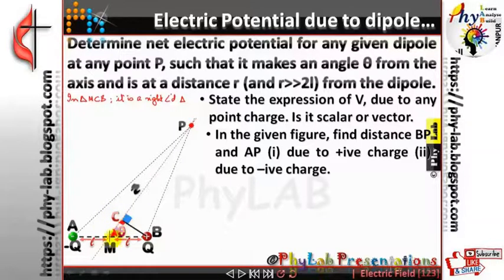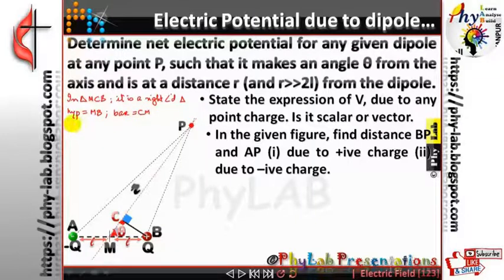Then the side opposite to 90 degree will be your hypotenuse. So hypotenuse happens to be MB, isn't it? And angle rests on the side CM. So base happens to be CM.